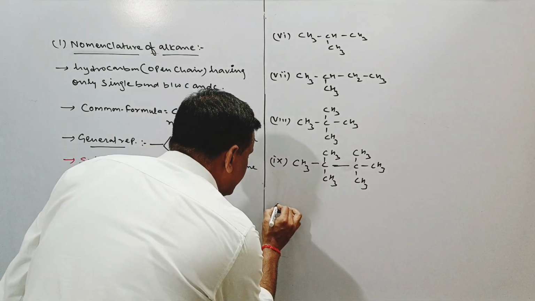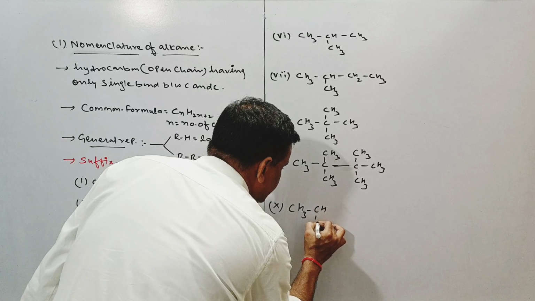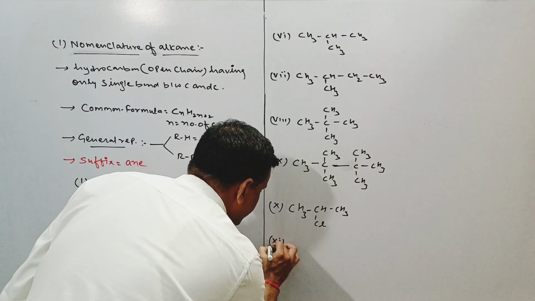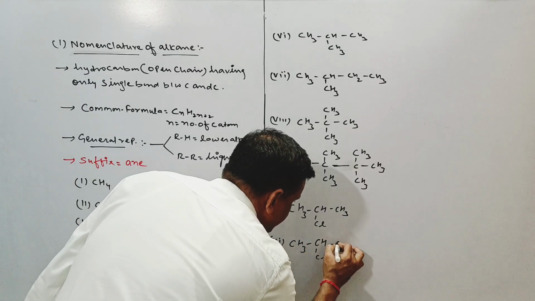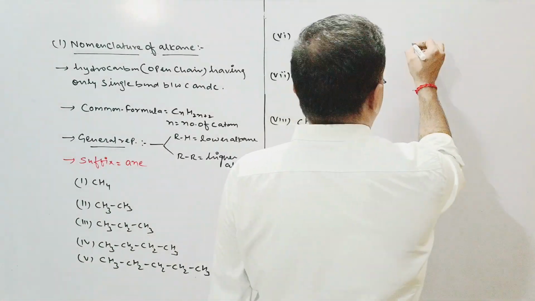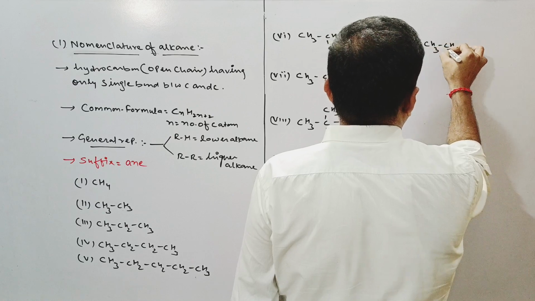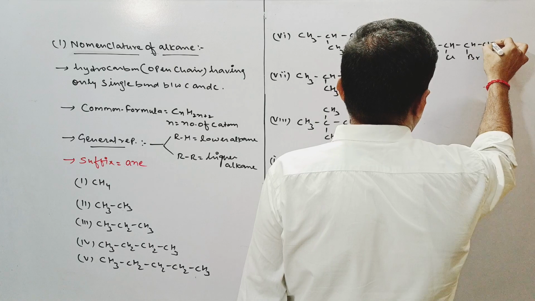After then, you can take the compound as follows: CH3, CH, Cl and CH3. This is the 11th compound: CH3, CH, Cl, CH2, CH3. This is the 12th compound: CH3, CH, Cl, CHBr, CH3.